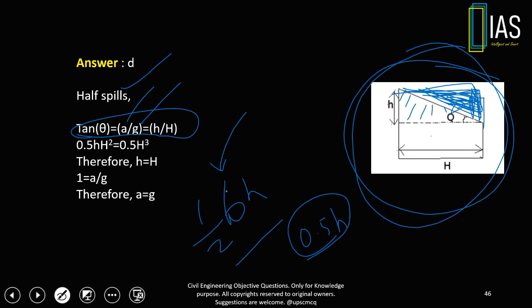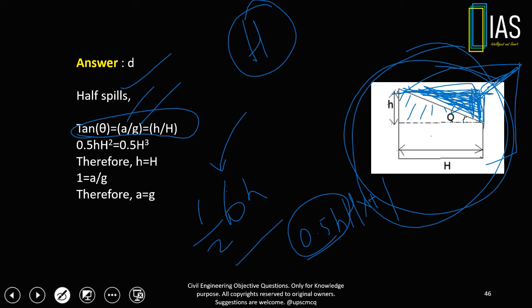We have already given that the cube is of dimension H, therefore width is automatically H, and since we want the volume, we multiply with another H. So 0.5 h into H into H. This is the amount of water that has spilled.